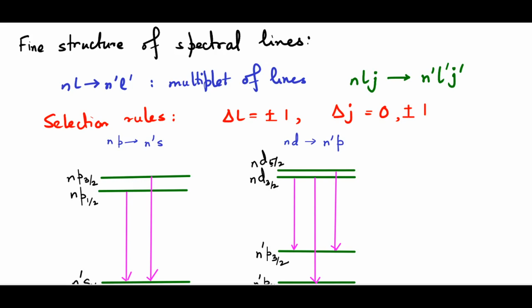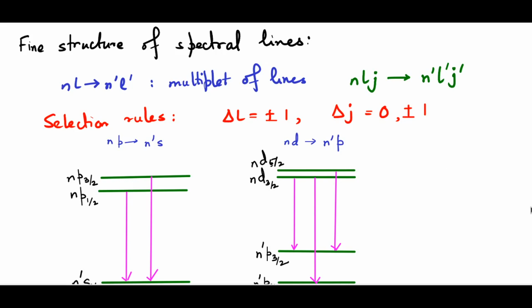Just to illustrate this, let me point out once again that the selection rule is delta l equal to plus minus 1, and consistent with this selection rule, you can have delta j equals 0, because even for the same j, you could have l equals j minus half and l equals j plus half, thus getting a difference of plus 1. Delta j could also be plus or minus 1. So these are the possible values which will allow transitions to occur.